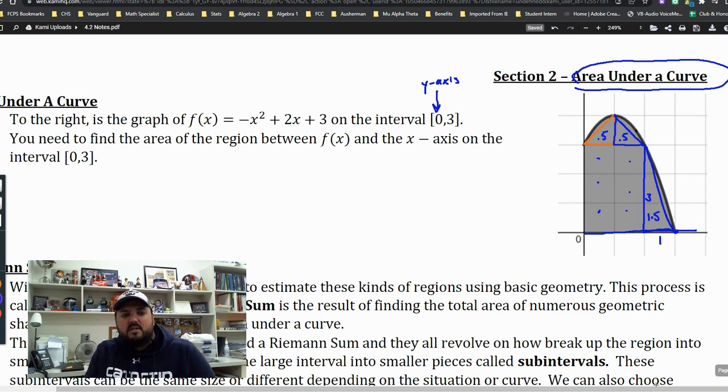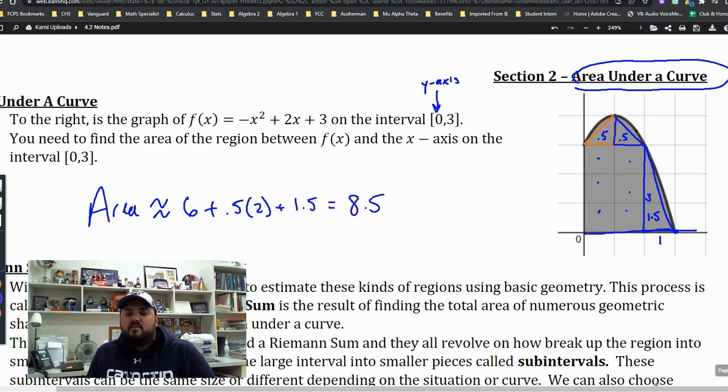So what I could say here is that the actual area of that shaded region is approximately equal to the 6 unit blocks that are totally contained within that region, plus the 2 halves, and then plus the 1.5 from that big triangle. So we get an approximation of 8.5 units squared.